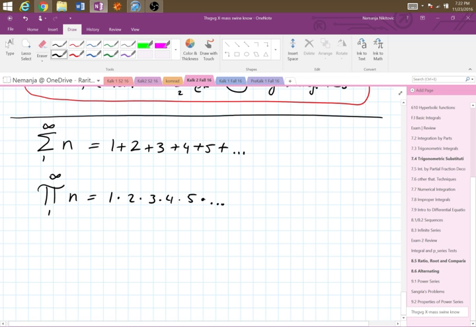Now, remember how for some summations you can put any formula there, and for pi you can put any formula there as well. Well, this particular one is the factorial. When I have 1 times 2 times 3 times 4 times 5 times dot dot dot times n, and it's finite, it ends with a value n, we call that factorial.